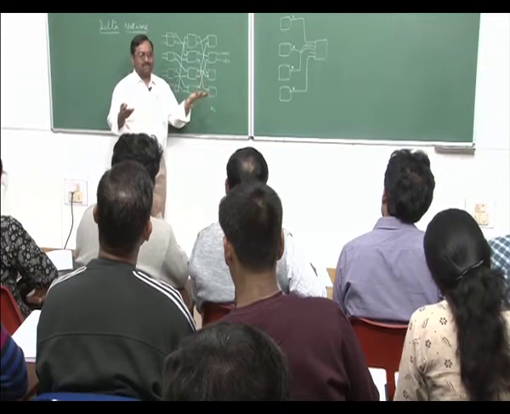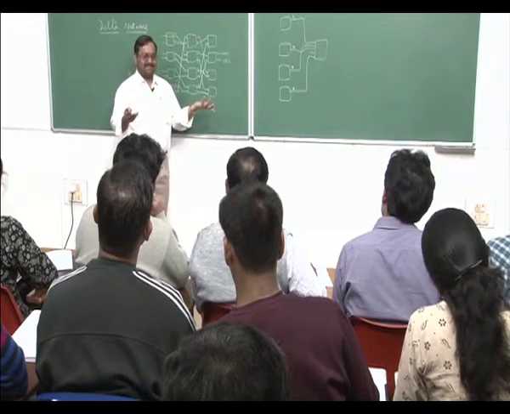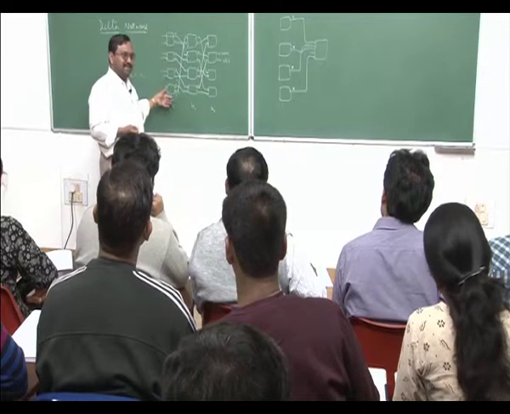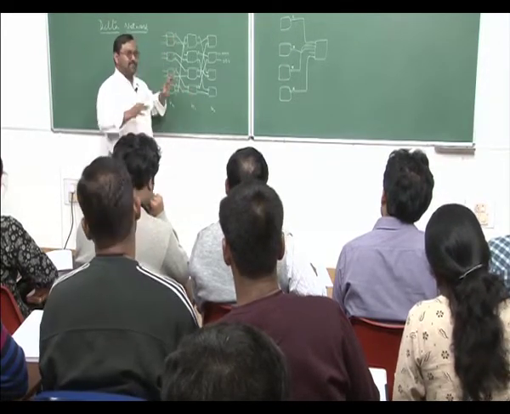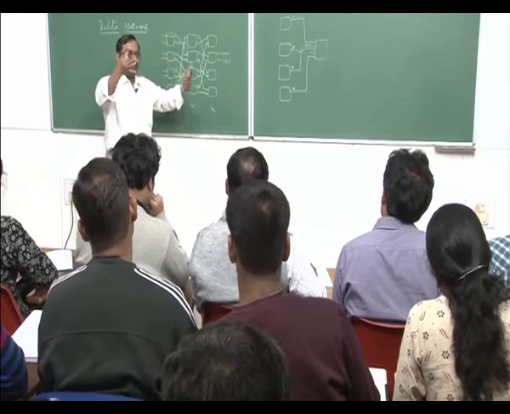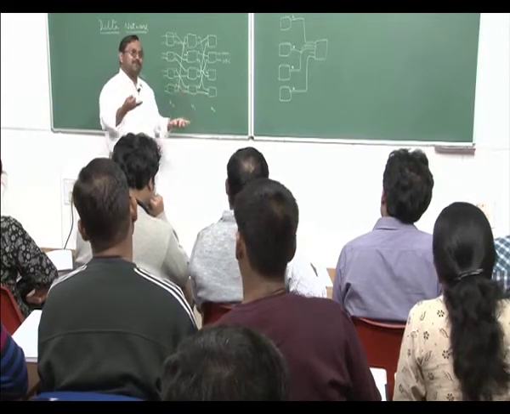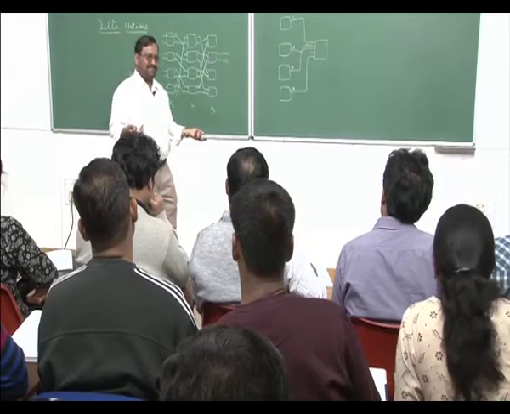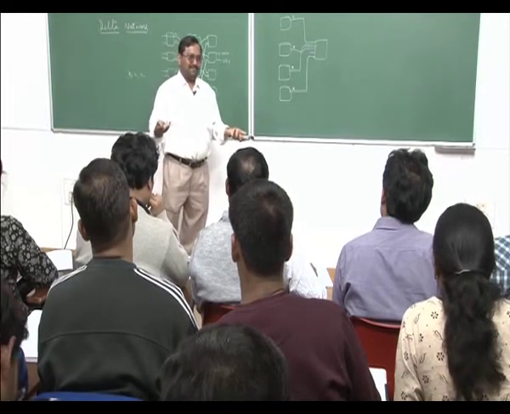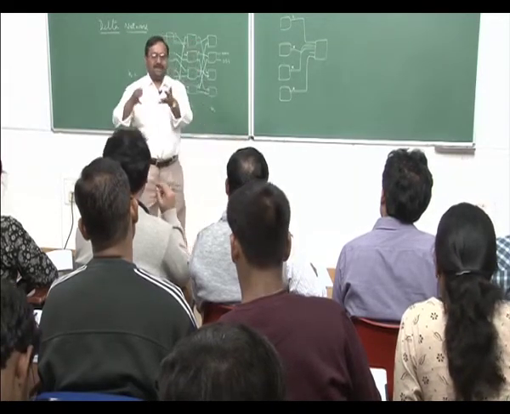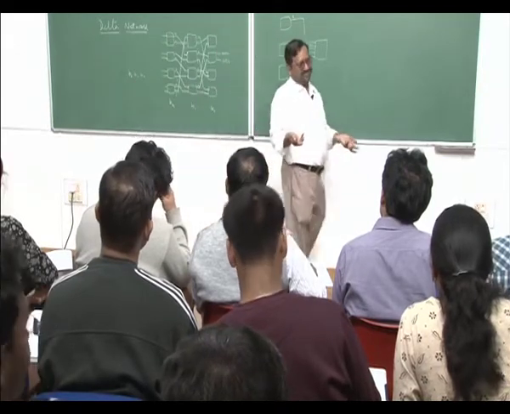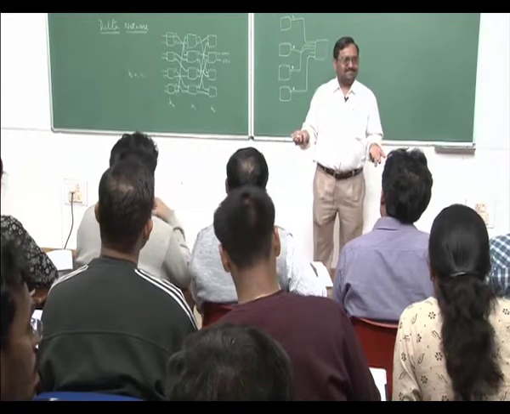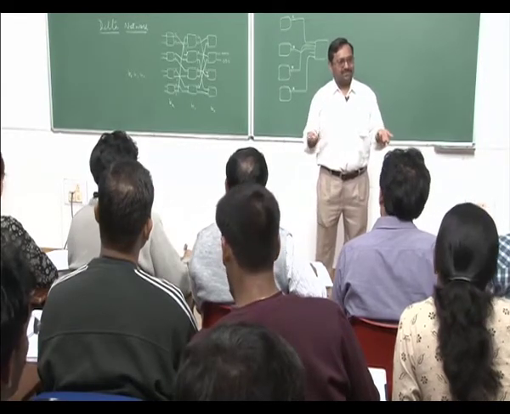Only 2 raised to power 12 possible combinations can be set, because each switch can be in cross or bar state, there are total 12 switches, and each can take 2 states, so 2 raised to power 12 possible permutations can be set. 2 raised to power 12 is smaller than 8 factorial. So, 8 factorial minus 2 raised to power 12, those combinations are not permitted by the network. 8 factorial is higher than 2 raised to power 12.